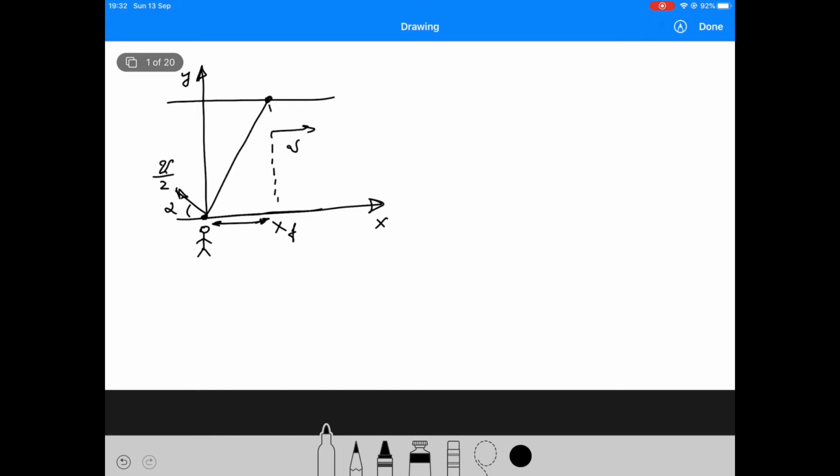So let's first write expressions for the x and y components of his total velocity with respect to the ground.